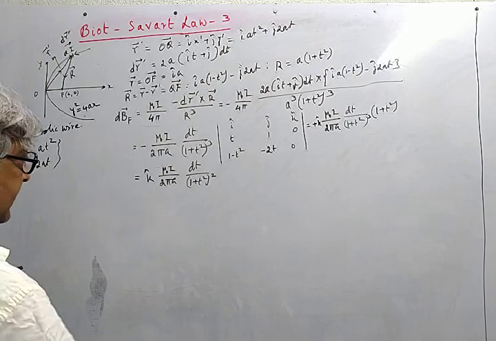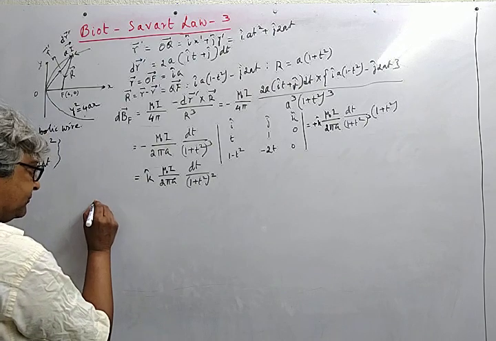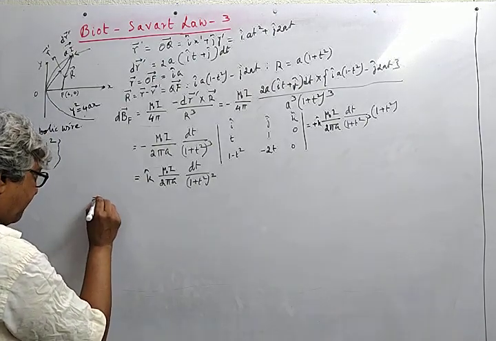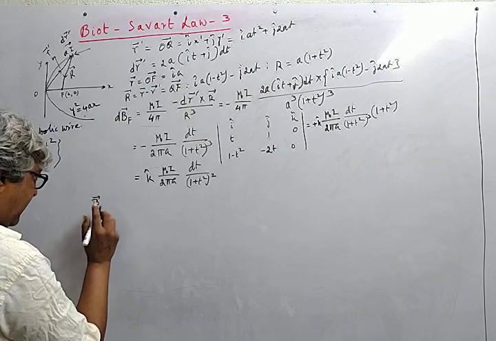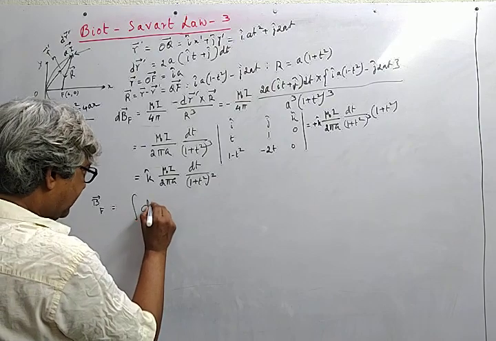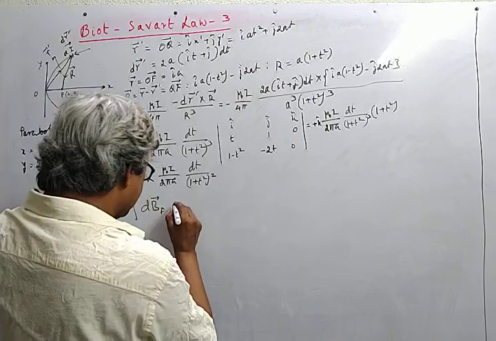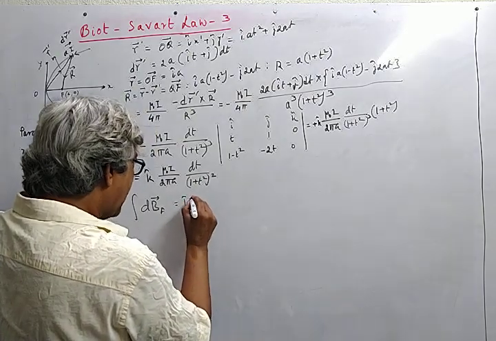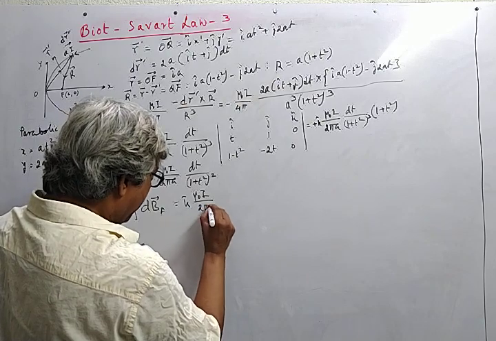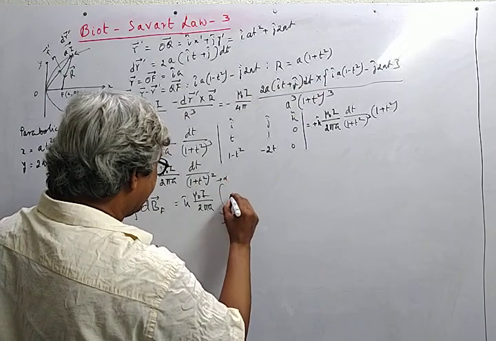So the total field is obtained by integrating this. So the total field B at F is obtained by integrating dB from minus infinity to plus infinity. So this is k cap mu 0 I upon 2 pi a, integral from minus infinity to plus infinity.